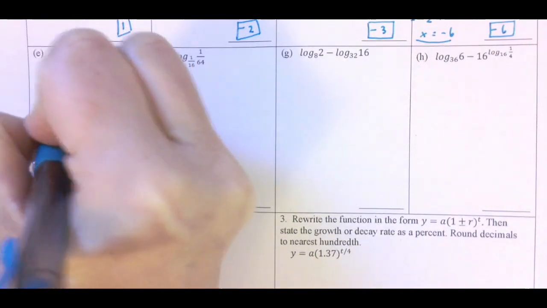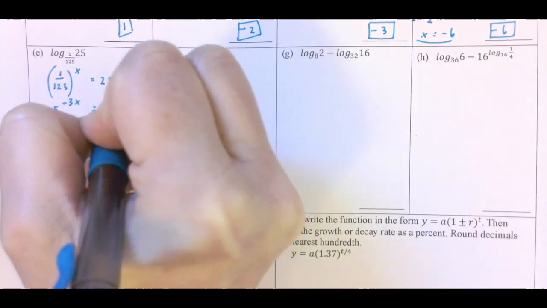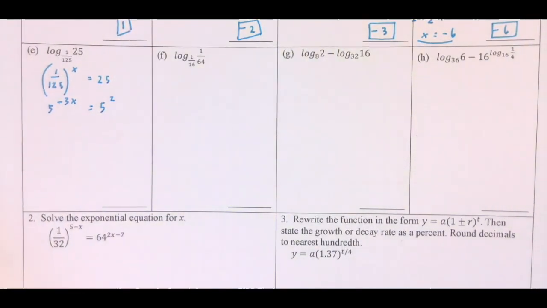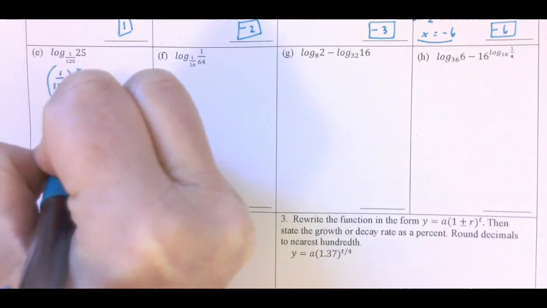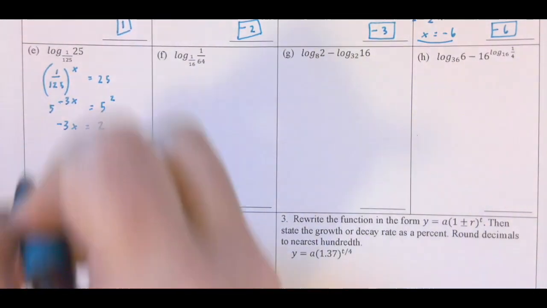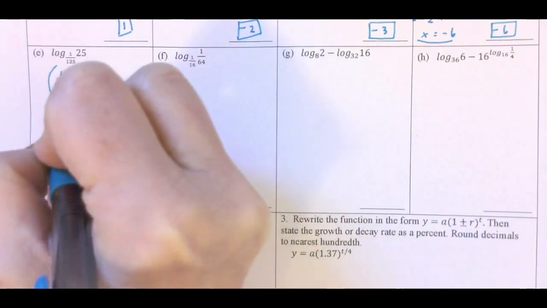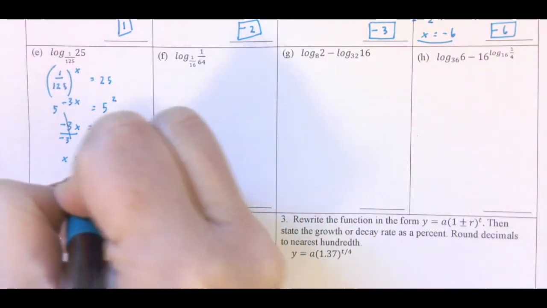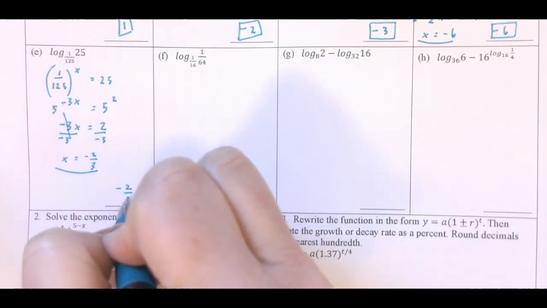So 5 to the negative 3x power equals 5 to the second power. Again, bases match. Exponents must match as well. So -3x is equal to 2. Divide by -3. And we get -2/3 as our answer.